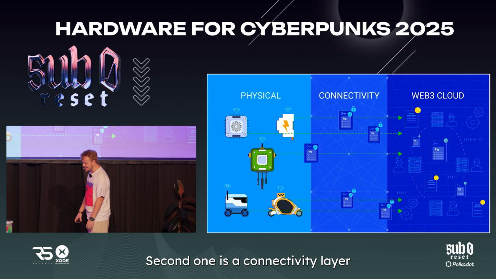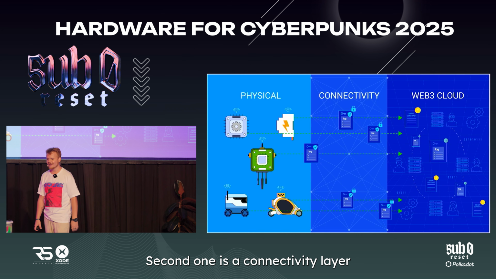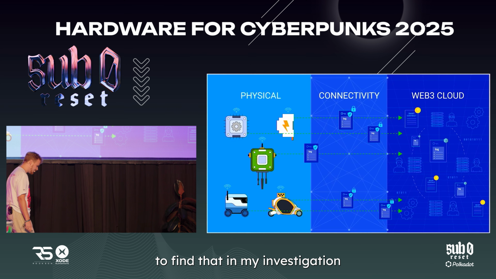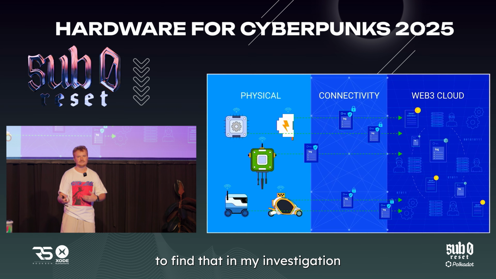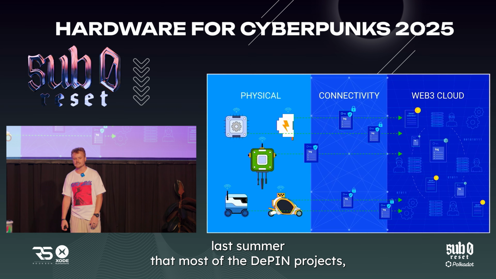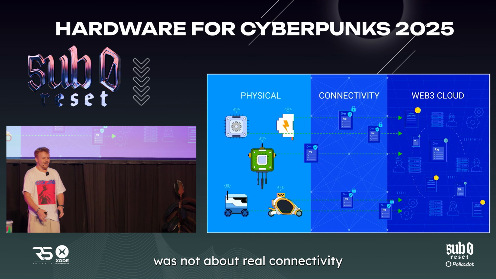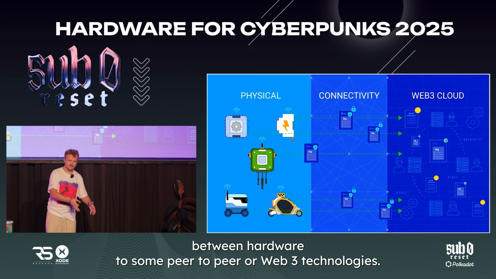The second one is the connectivity layer. And for me, it was very strange to find in my investigation last summer that most of the DePIN projects I found were not about real connectivity between hardware and some peer-to-peer or Web3 technologies.